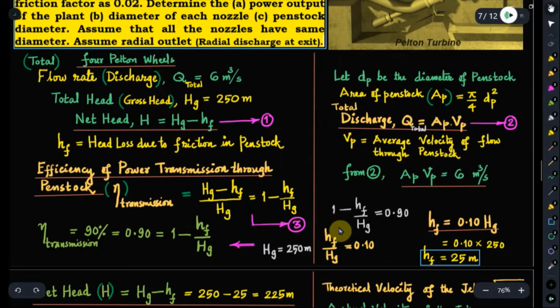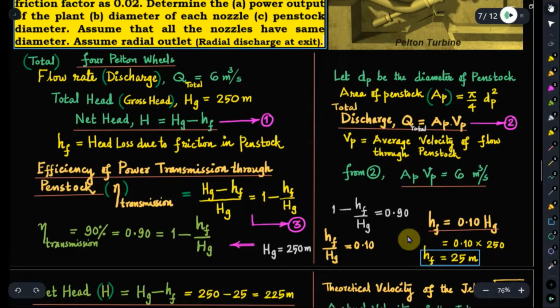So out of the total head 250 meters or gross head 250 meters, 10% is lost as head loss due to friction. So remaining 90% is available for producing useful work. So if you take 10% of this 250 meters, you will get 25 meters. See, that itself is your head loss due to friction during the water flow through the penstock pipe.